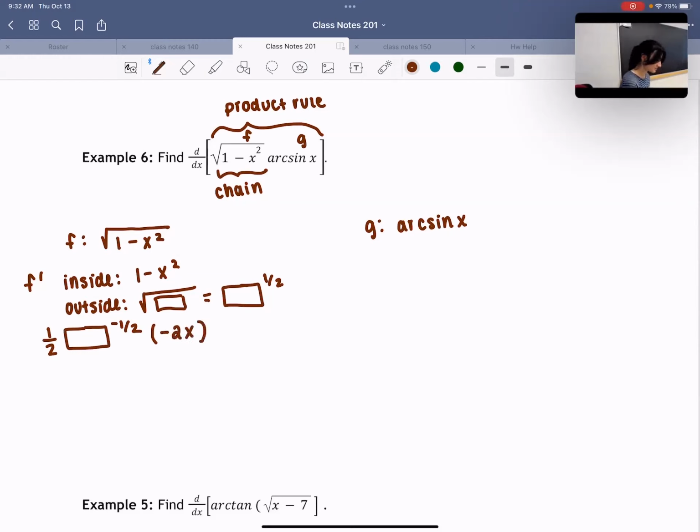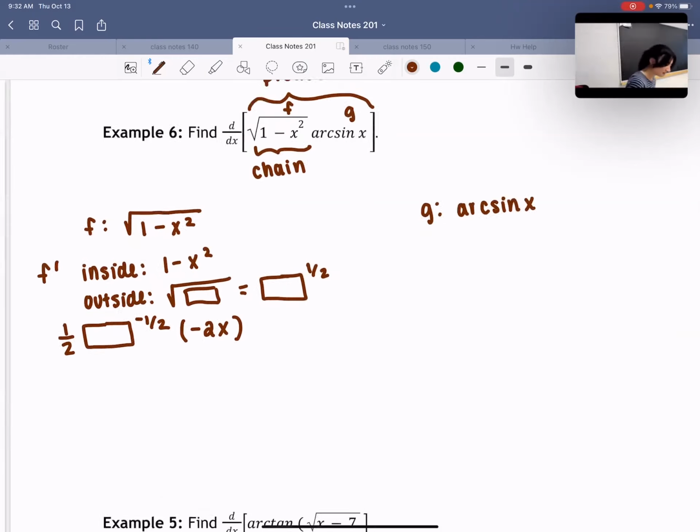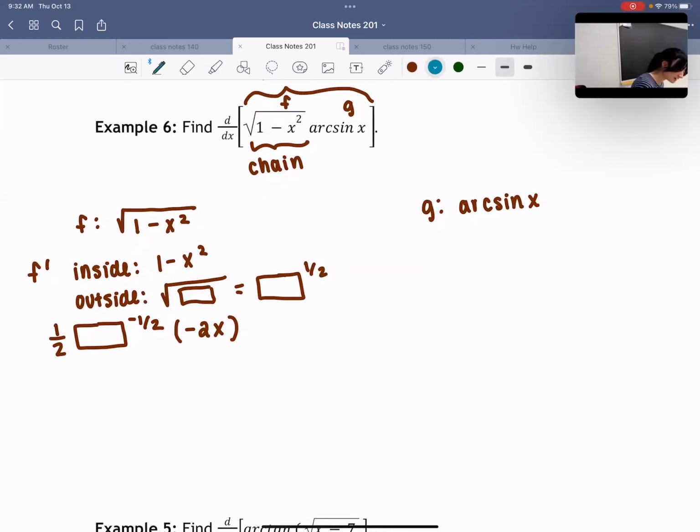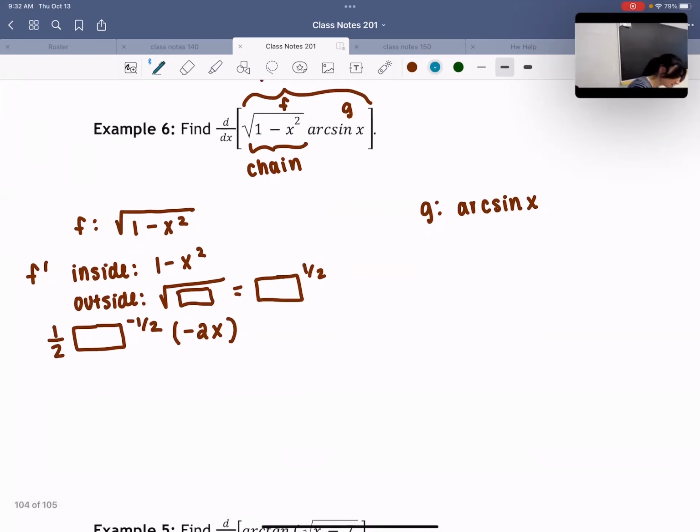Negative 2x, perfect. Okay, next, if I want to fill in this blank that I put in, I would just stick the inside into this box. So I would do 1 minus x squared, and maybe I should keep it in parentheses because I'm taking it to a power. Okay. All right, cleaning this up, it looks like the 2's will cancel out, right?